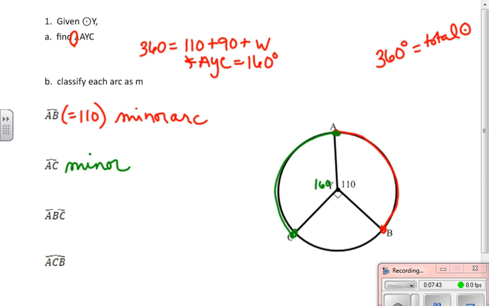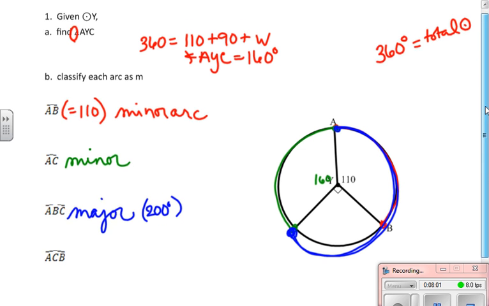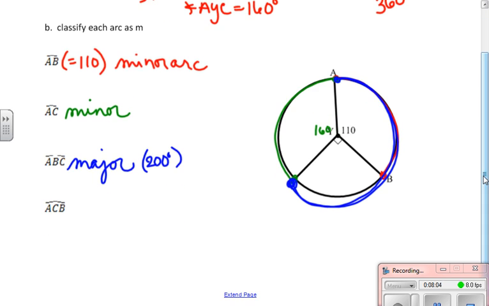Arc A to B stop at C is greater than 180, so that is a major arc, and it's 200 degrees, just for reference, 110 plus 90. And A through C stop at B ends up being 250 degrees, therefore it's a major arc.